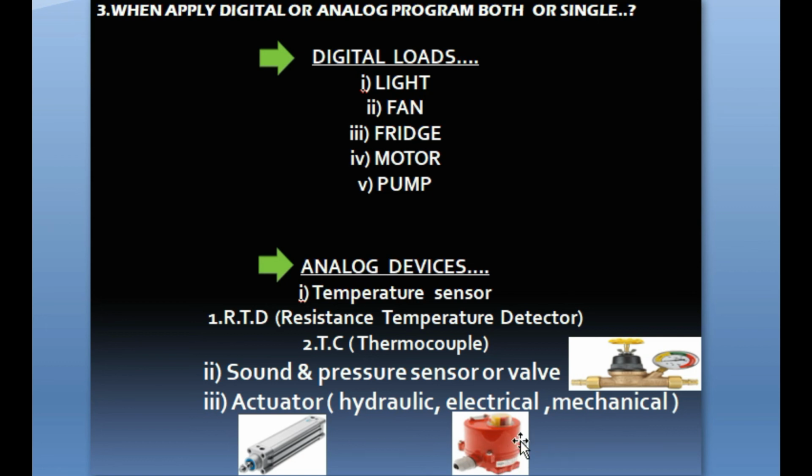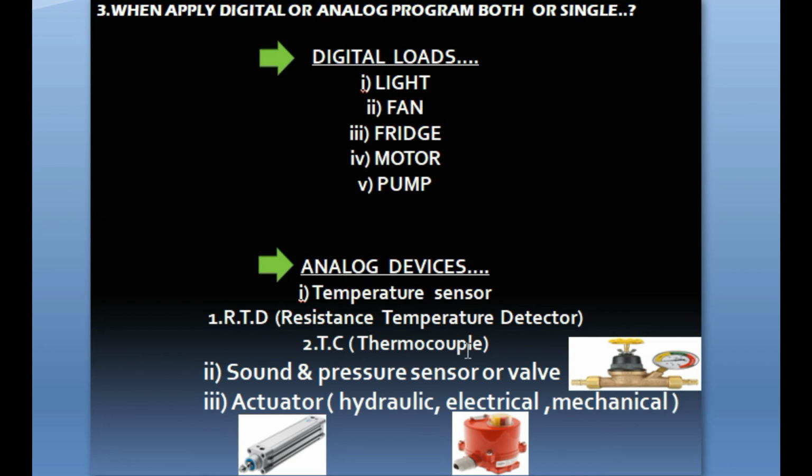So friends, temperature, sound, pressure, actuator, all these things are controlled by analog programming or an analog sequence here. So friends, this is the analog sector and this is the digital sector. With the digital sector, we normally are the users of our devices here, but analog controlling is also very hard.